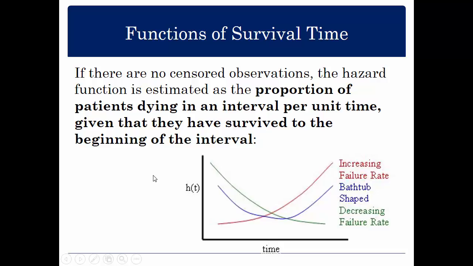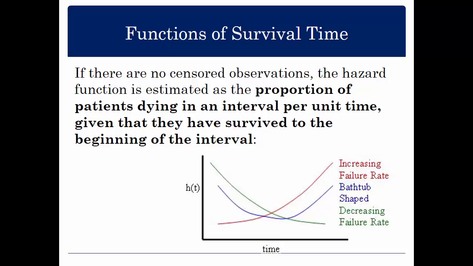In other words, you are able to observe the event occurring in all subjects in your study. In that case, the hazard function is estimating the proportion of patients dying in a specific period of time, whether it be within a week, within a month, within a year, given that they have survived to the beginning of the interval.